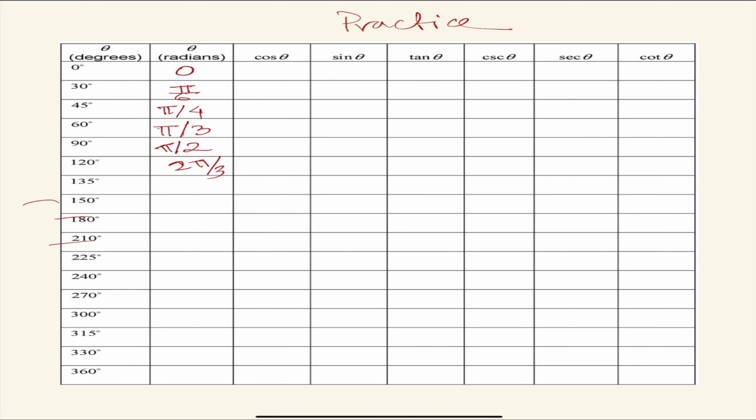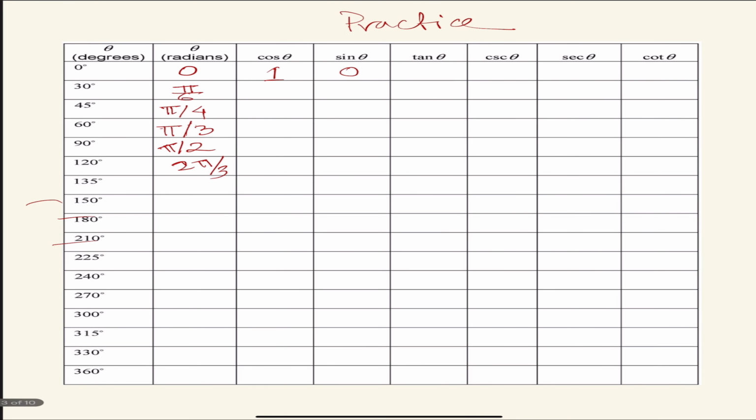I want you guys to fill up the rest of them: 150, 180. Let's just practice from the unit circle. What do we got? Cosine 0 degrees, we got 1. Sine 0 degrees is 0. Since tangent is the ratio between sine and cosine, tangent is sine by cosine.